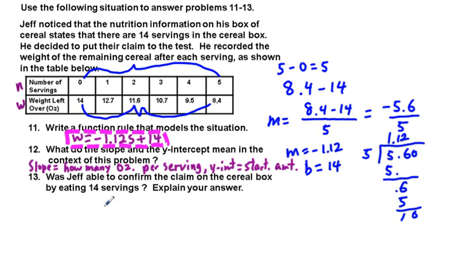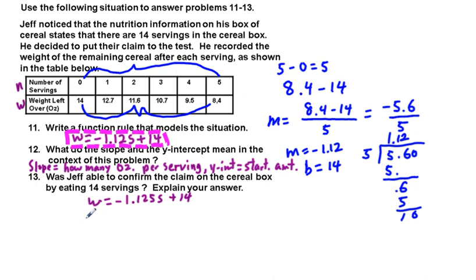Well, let's go ahead and put 14 servings in here. We're going to say, where we have that equation, W equals negative 1.12S plus 14. I think I know what's going to happen here.